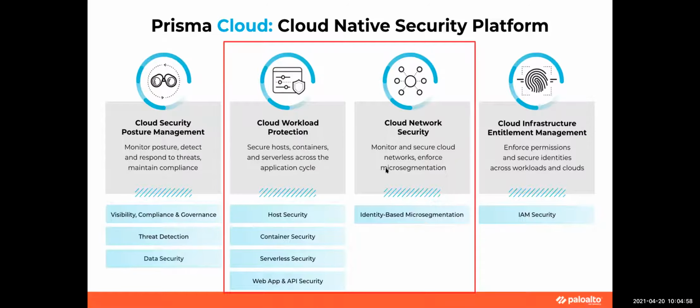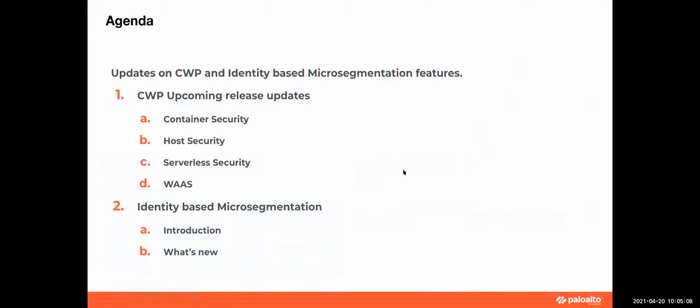Across these four main pillars, today's conversation is focused on updates, specifically on cloud workload protection area and the cloud network security area. We are coming up very shortly with the release. These updates pertain to an upcoming release that is going to happen shortly for cloud workload protection and the identity-based microsegmentation, introducing topics on what's new and how you can access identity-based microsegmentation, which is what Anand is going to cover.